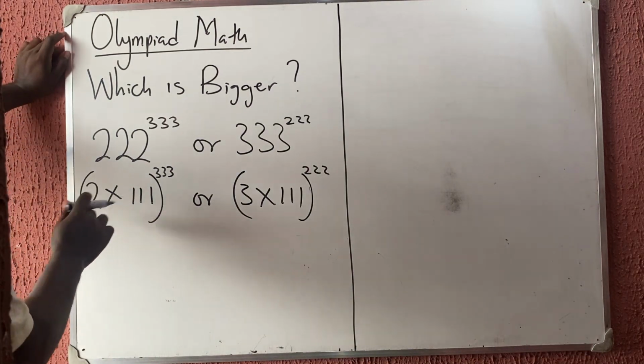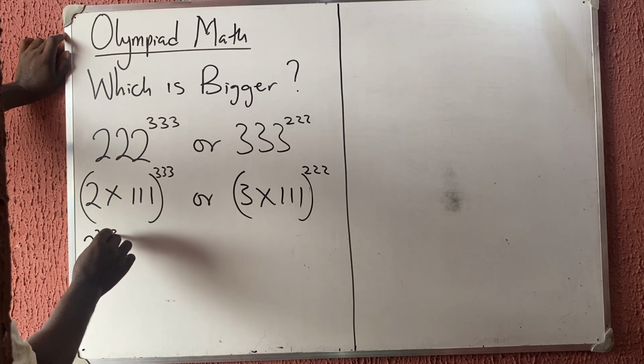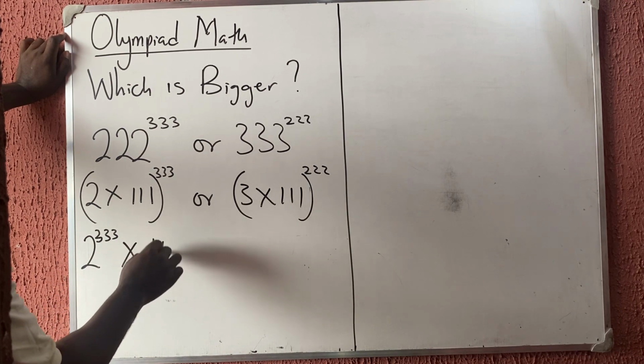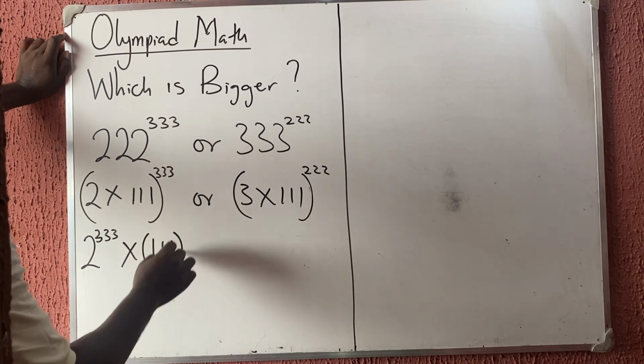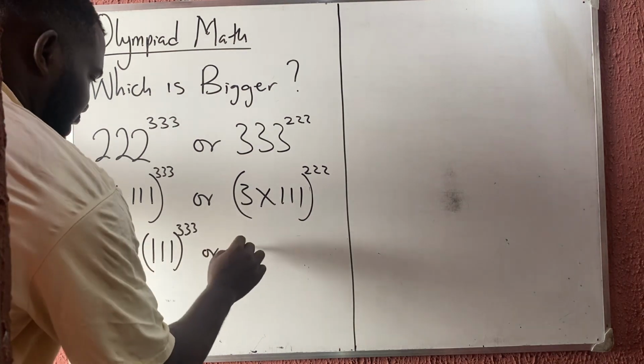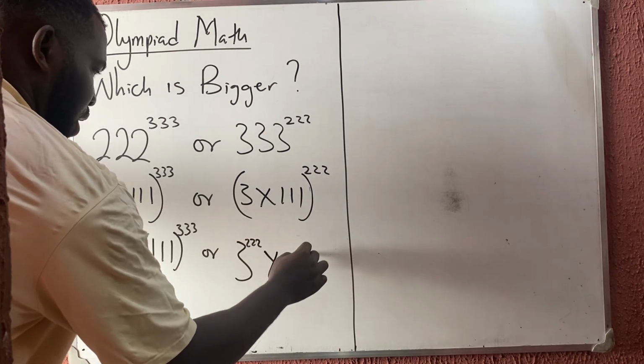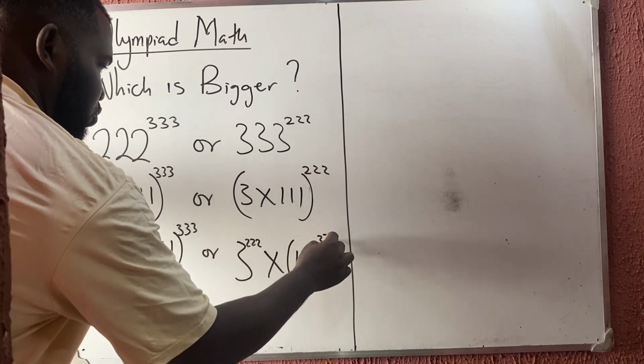Now let us split this according to indices. This is 2 raised to power 333 times 111 raised to power 333, and do the same thing here again. This one is 3 raised to power 222 times 111 raised to power 222.